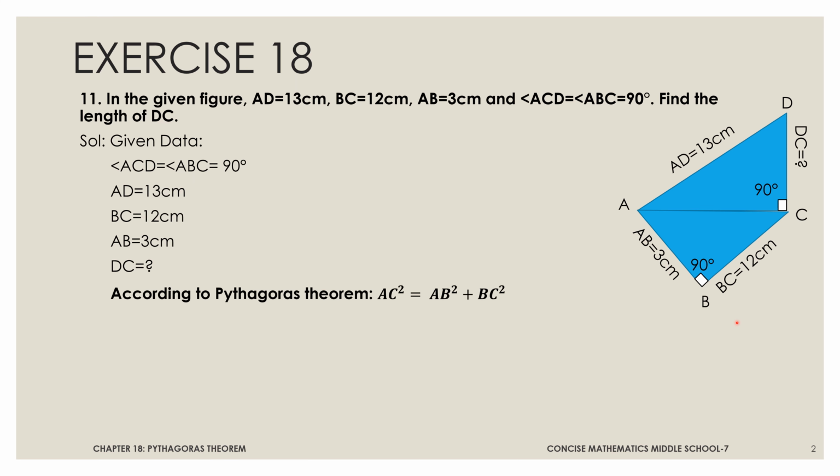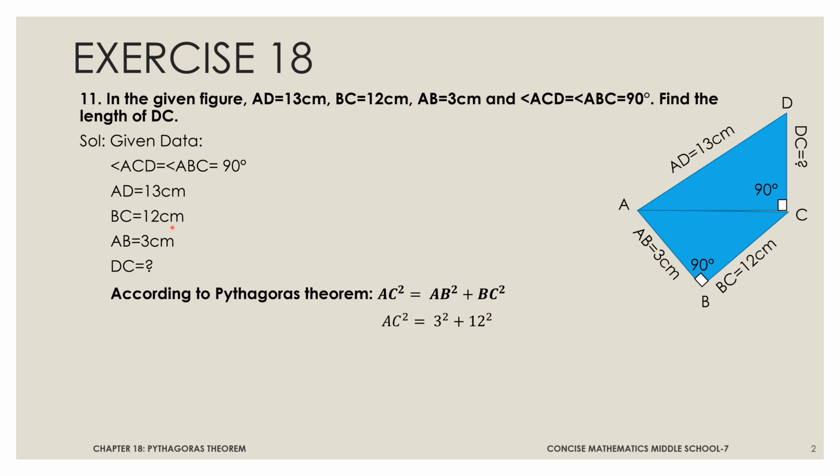According to the Pythagoras theorem, AC square should be written first. This is the hypotenuse. The hypotenuse should be written here is equal to the sum of the squares of the two sides, right? That is AB square plus BC square. Now we don't know AC square, so just write down AC square as it is. AB, what is AB? 3 square plus BC is 12 centimeter.